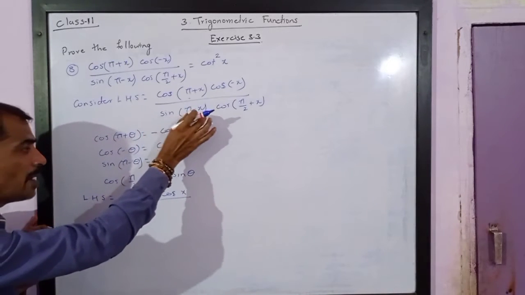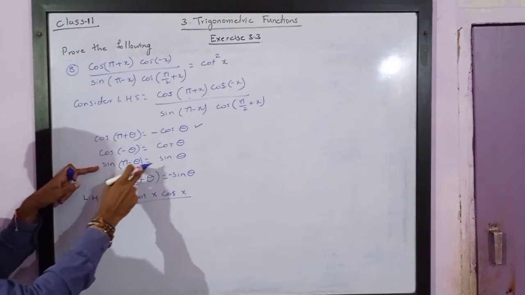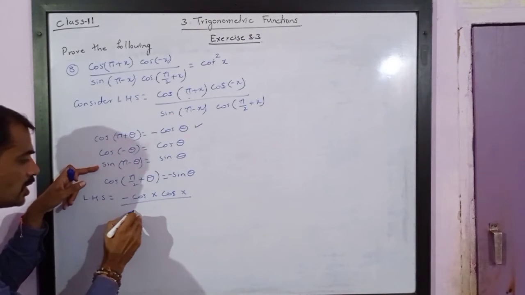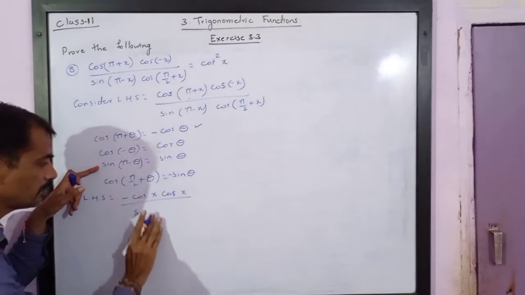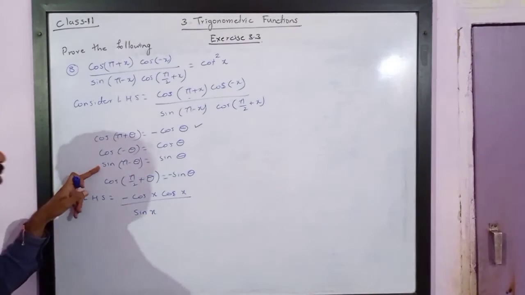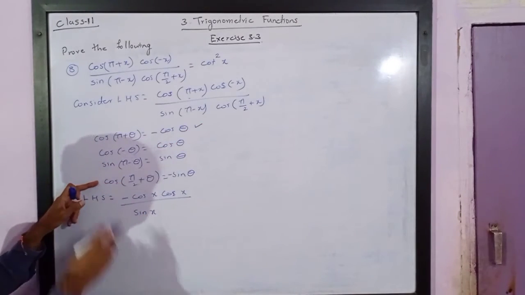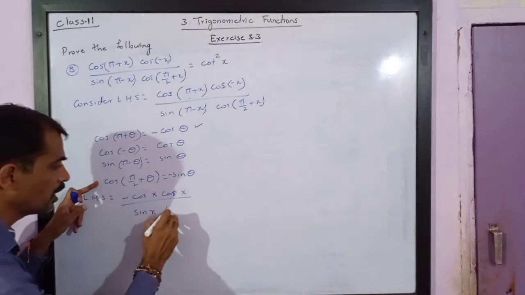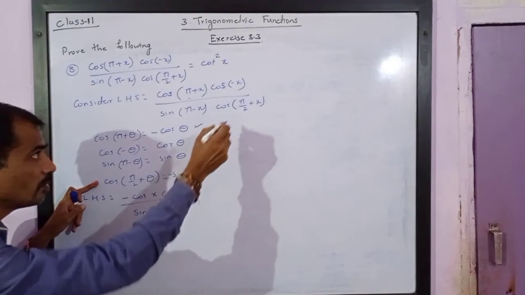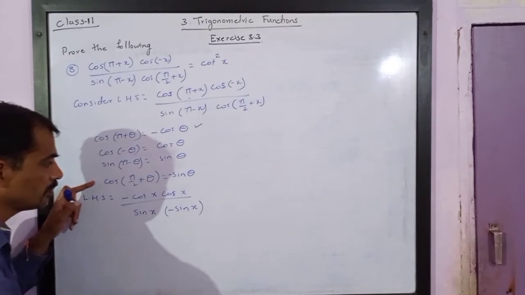Then sin of pi minus theta is equal to sin theta, so this becomes sin of x itself, into cos of pi by 2 plus theta, which is equal to minus sin of theta. So this becomes multiplied by minus sin of x.